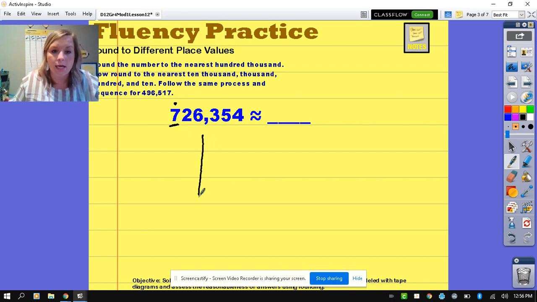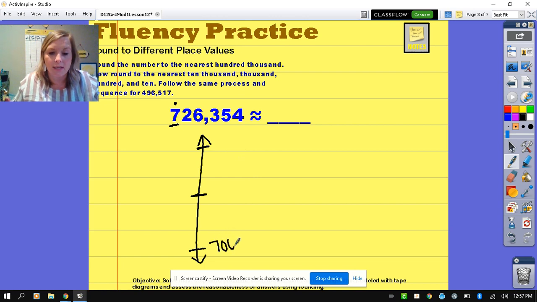So we're going to create our line here. And here is my midpoint. So we have to think, what 100,000s is this number between? Well, with it being the 700, we know that our bottom part is going to be 700,000.